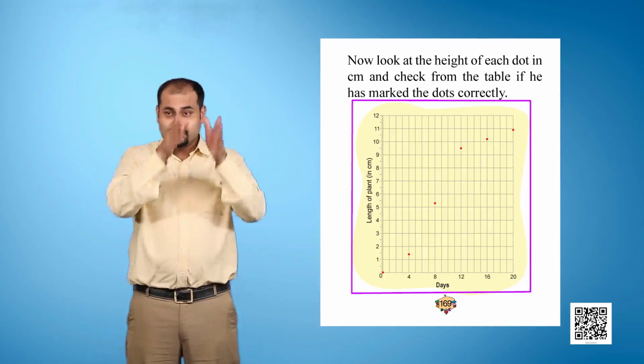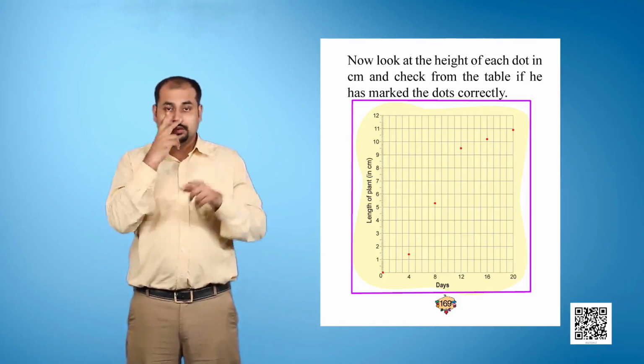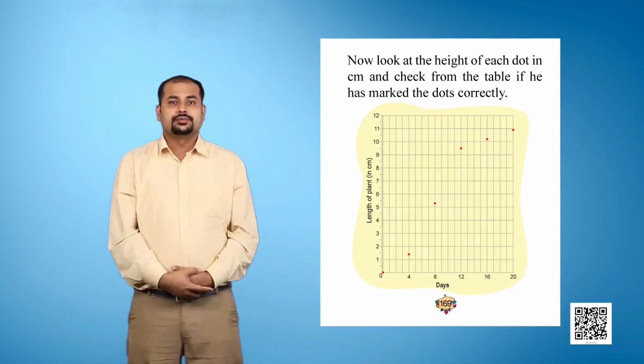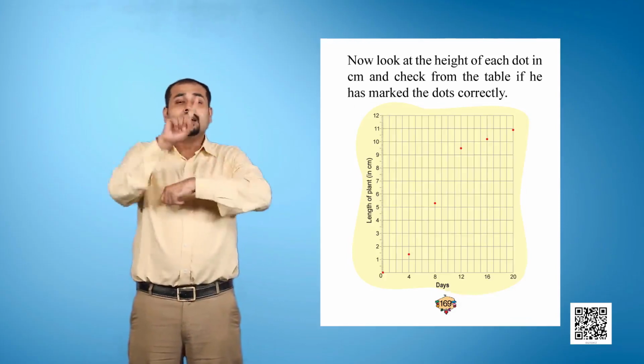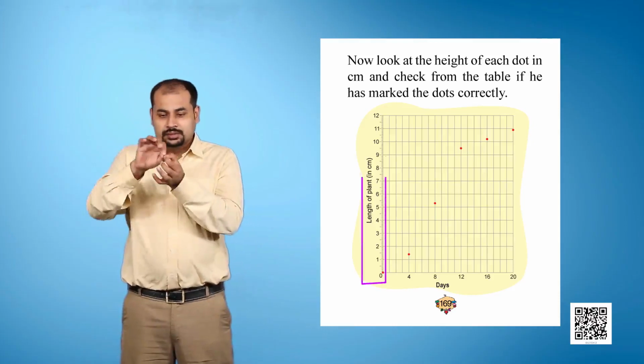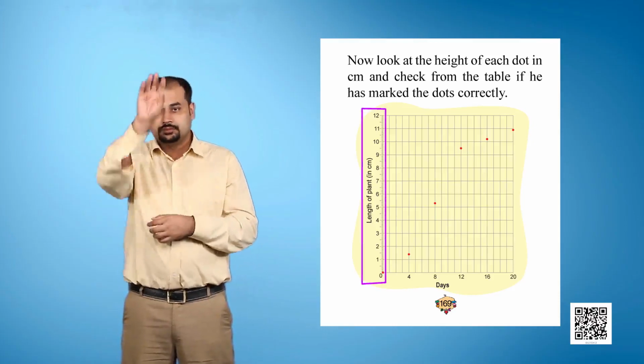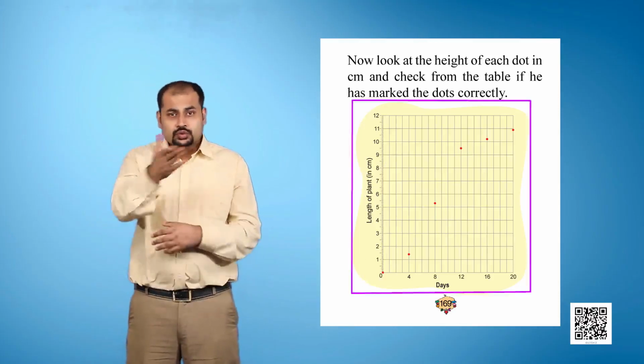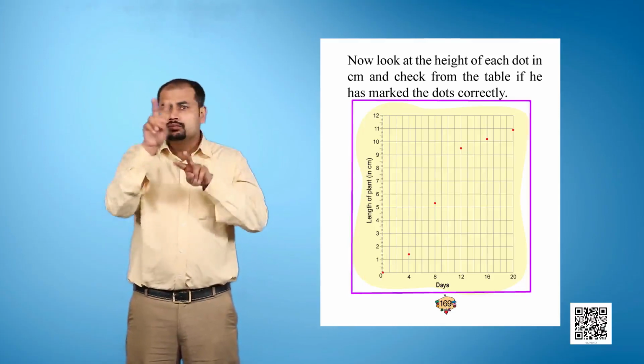We have a table with 2 columns on the page. Column 1 tells day. Column 2, length of the plant in centimeters. Observe the table carefully.